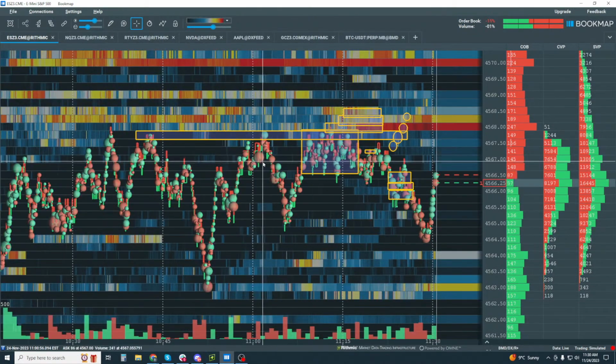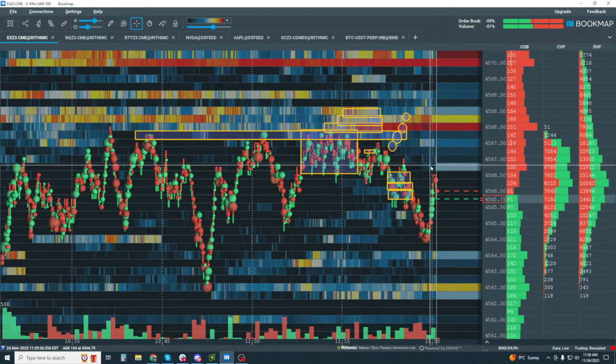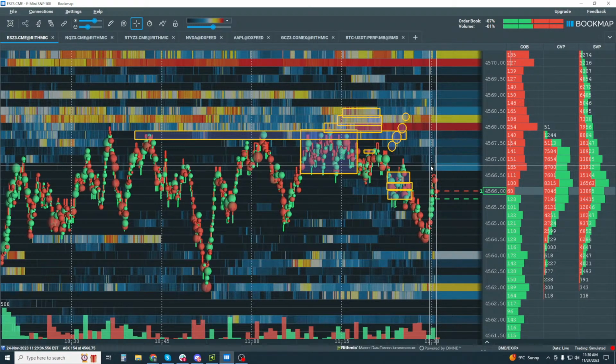Anyway, we'll get more into understanding some of the trading behind this as well.